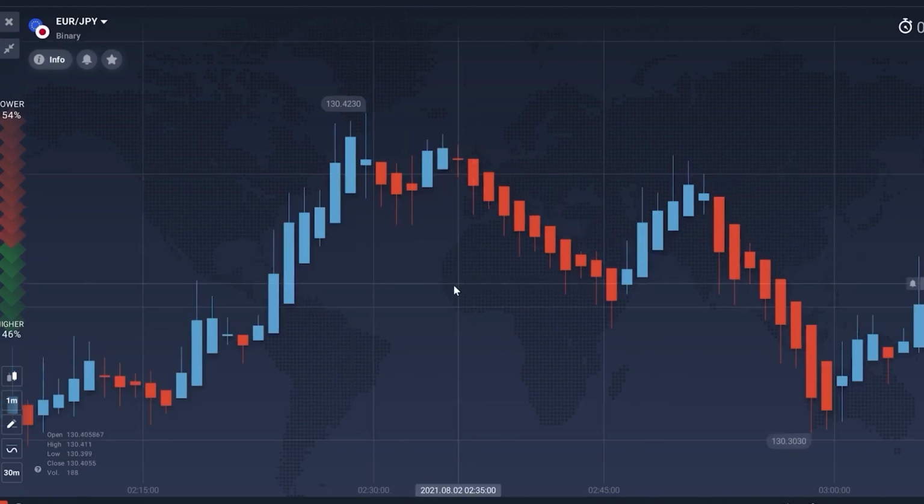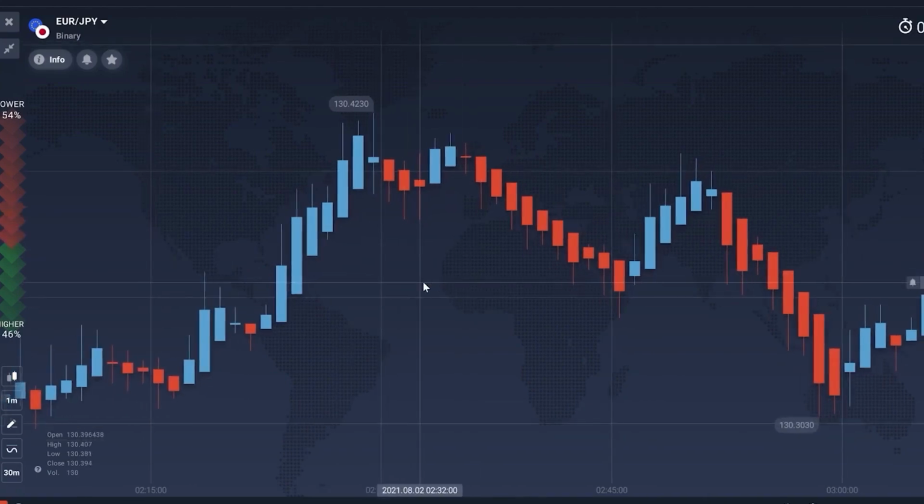Rule number 3. Contrary to the previous rule, the smaller the candles get and the more shadows they have, the weaker the trend becomes. So the strength of the trend, whether it is increasing or decreasing, directly depends on the size of the candle body and the presence of shadows. Here, as you can see, the candles gradually have smaller bodies and a shadow has formed above. The upper shadow gets bigger, and we see that the trend then turns upward.